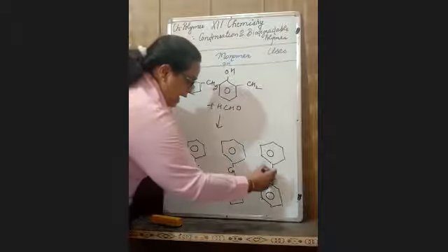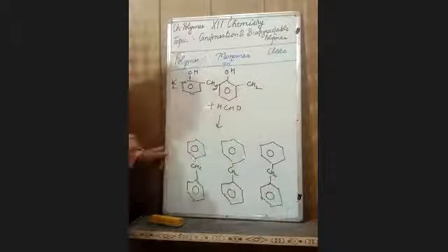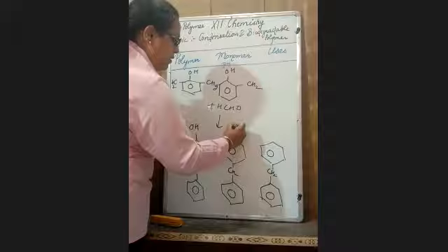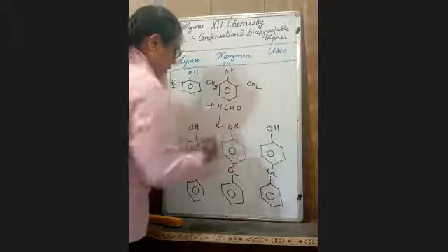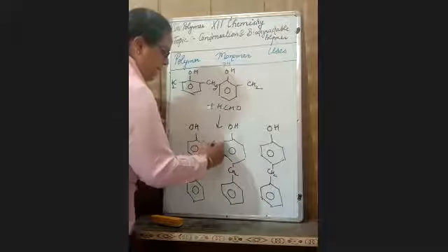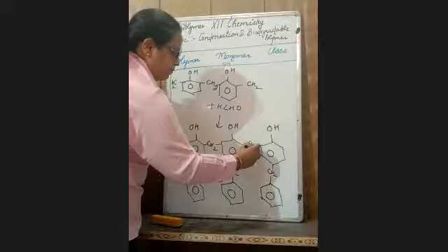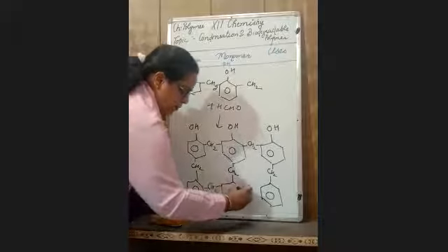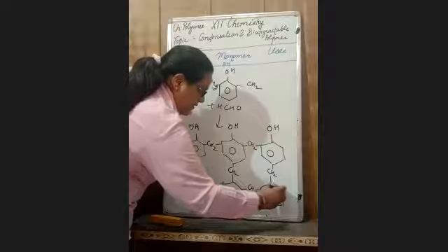These all are interlinked to each other, and it will form the three-dimensional structure of Bakelite. If you see in the book, you will get confused about how to draw.